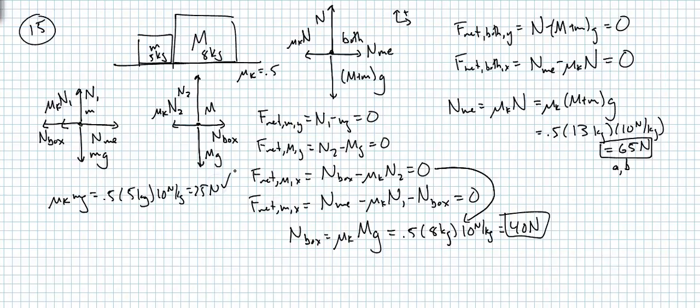Okay, so everything checks out. We went through a lot of stuff there, so I want to check that just to make sure I didn't make a mistake. If that all didn't add up so that the net force on this one was 0, I'd know I need to go back and fix something. But it all worked out okay.